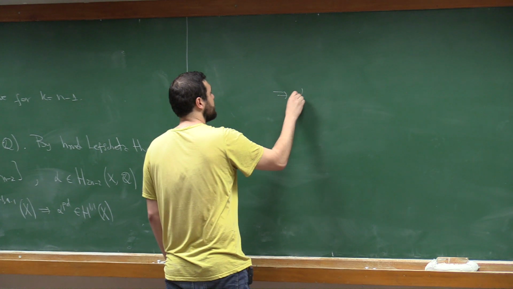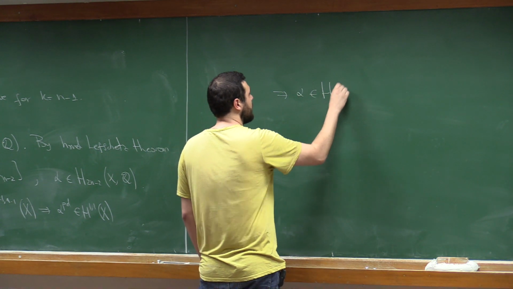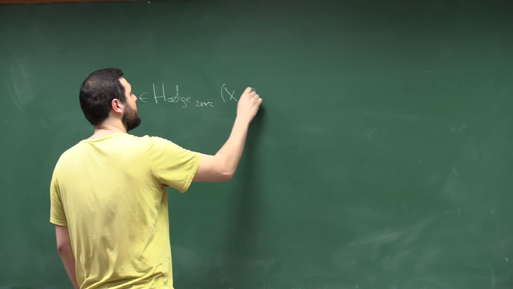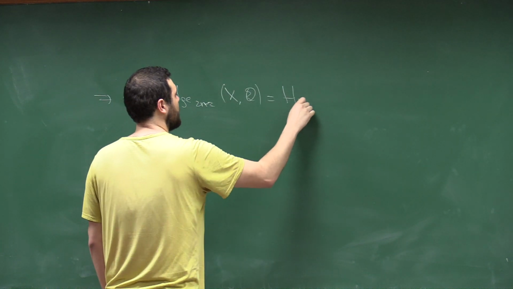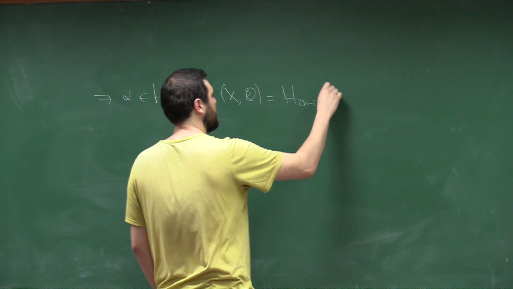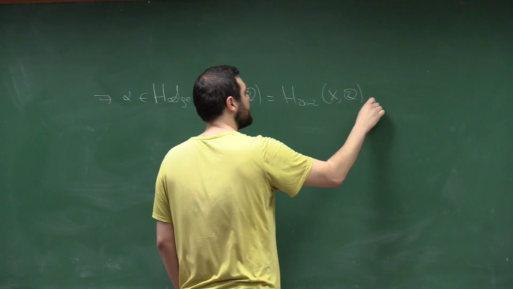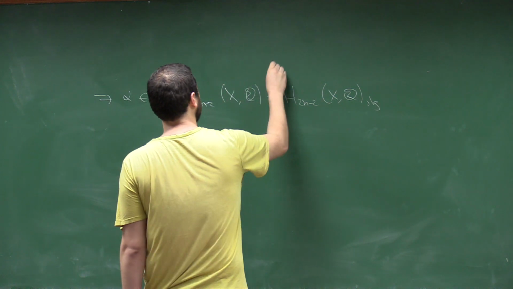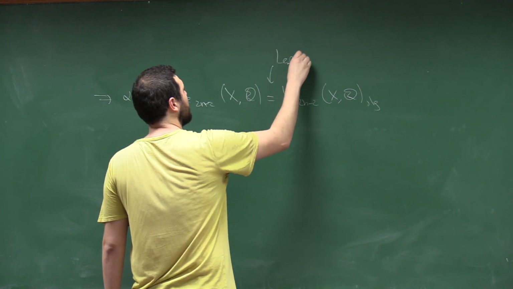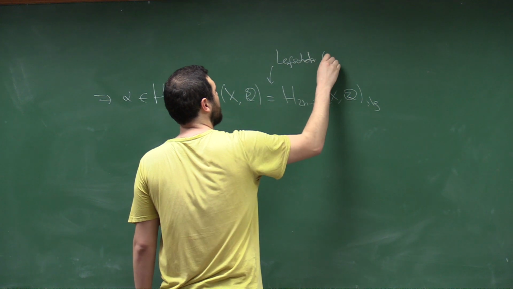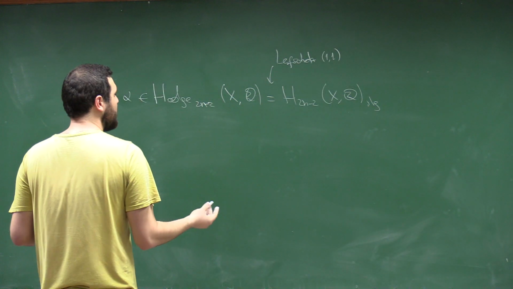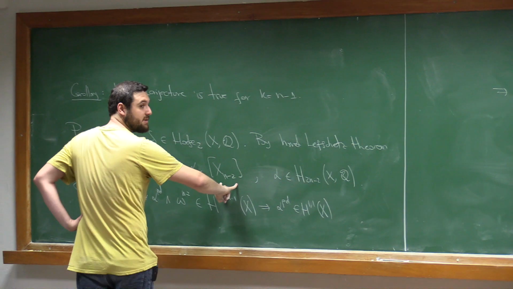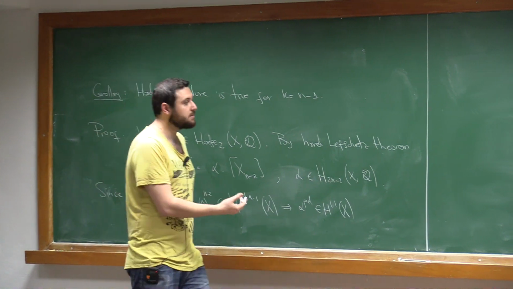So alpha is Hodge, so it lies in H^{2n-2}(X, Q), and this is equal to the algebraic classes in H^{2n-2}(X, Q) because of the Lefschetz (1,1) theorem. And so we're done. I mean, if alpha is algebraic and this guy is obviously algebraic, the intersection is also algebraic.